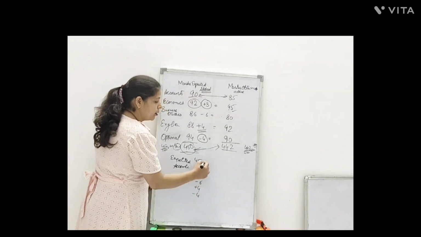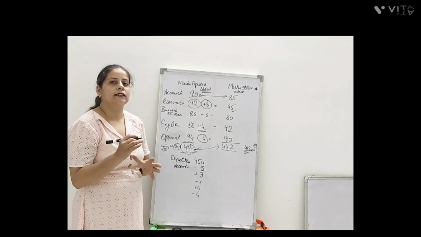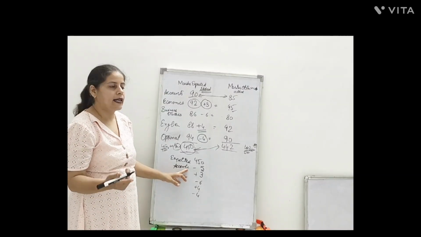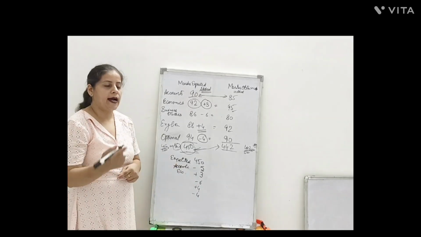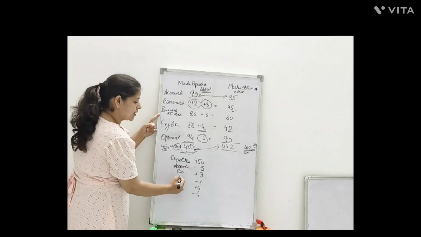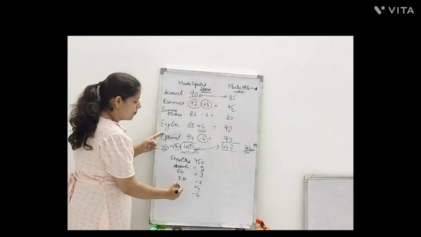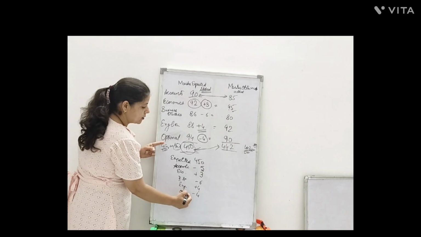So from 450 to 442, what was the contribution of each subject? In accounts he scored less by 5. In economics he scored more by 3. In business studies he scored less by 6. In English he scored more by 4. In optional he scored less by 4.